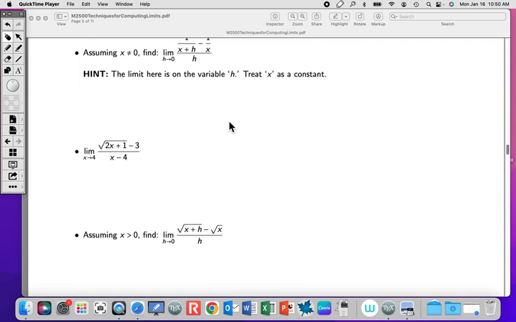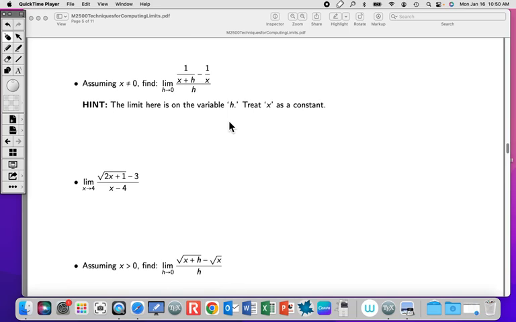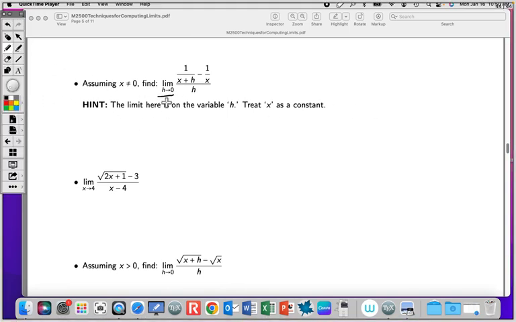The next one, assuming x is not equal to 0, find the limit of this function. So if you notice here, the limit is on the variable h, not x. So we're just going to treat x as its own number. The limit is on h only.